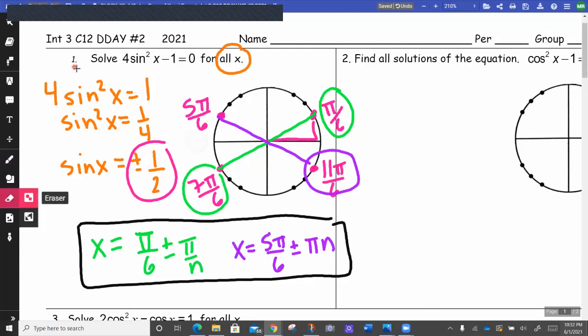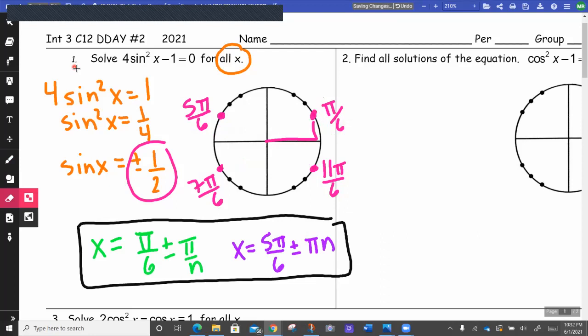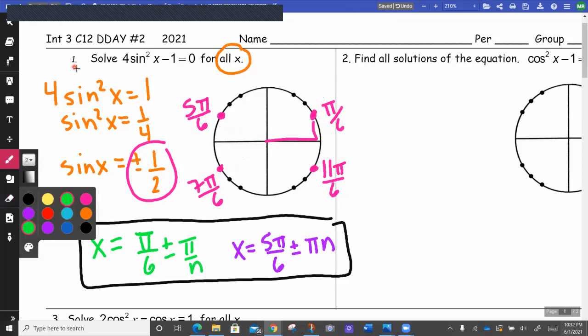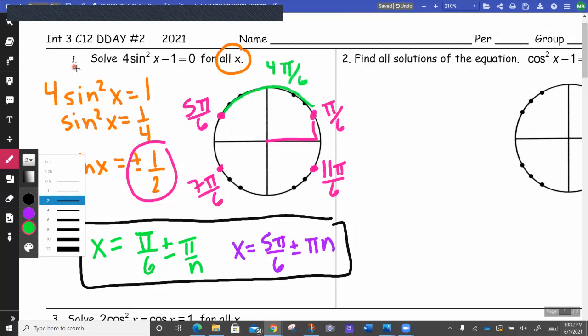And again, when we're looking at this, let me just get rid of this for a second. You want to kind of look to see if you can go from one to the other. So from here to here would be 4pi/6, but from here to here is only 2pi/6. So I can't just take my pi/6 and add and subtract to get my 5pi/6 and then my 7pi/6.